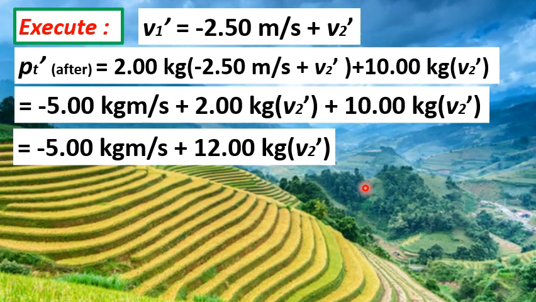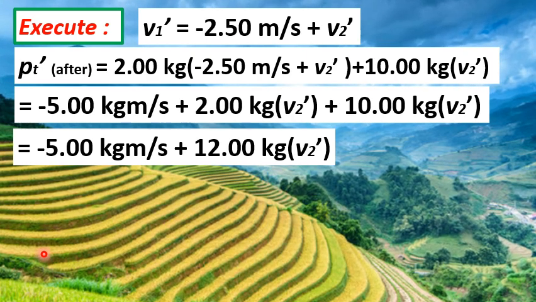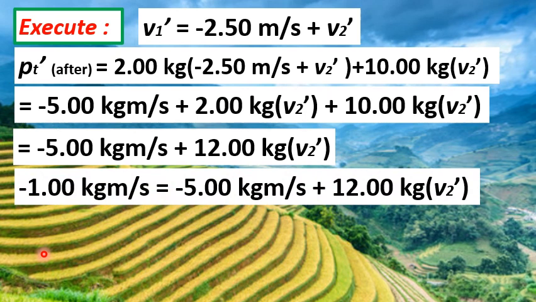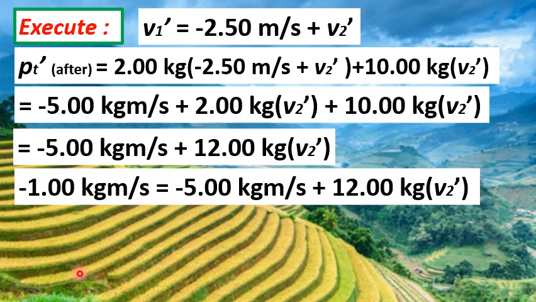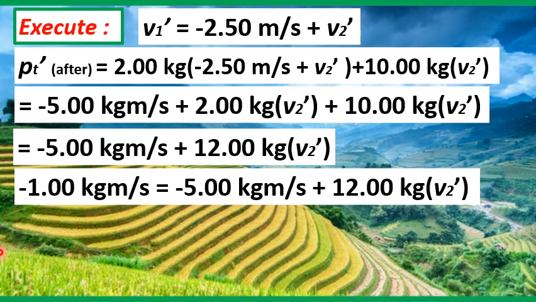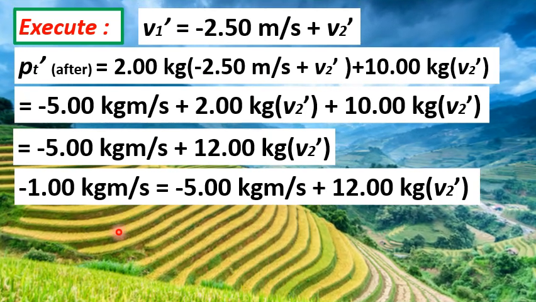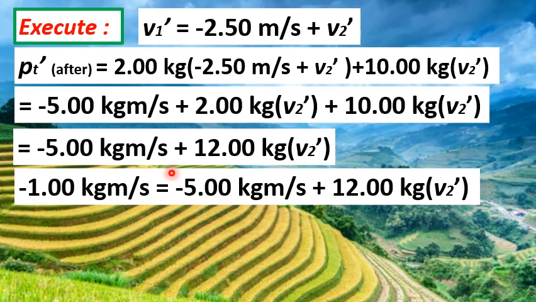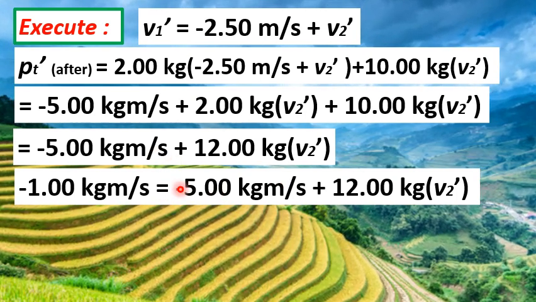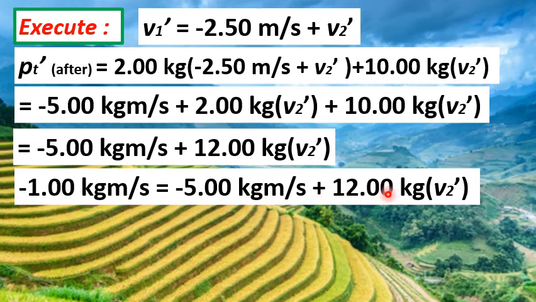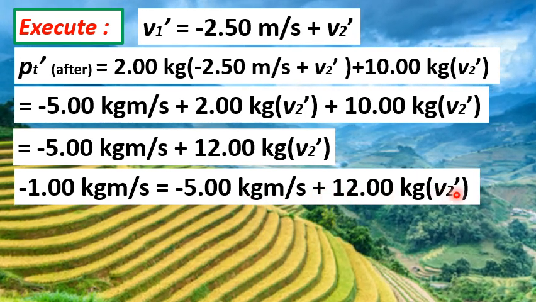And equating the two total momenta before and after collision, the total momentum before the collision was earlier determined as negative 1.00 kilogram meter per second. So we now equate that to the total momentum Pt prime, that is negative 5.00 kilogram meter per second plus 12.00 kilograms times v2 prime.